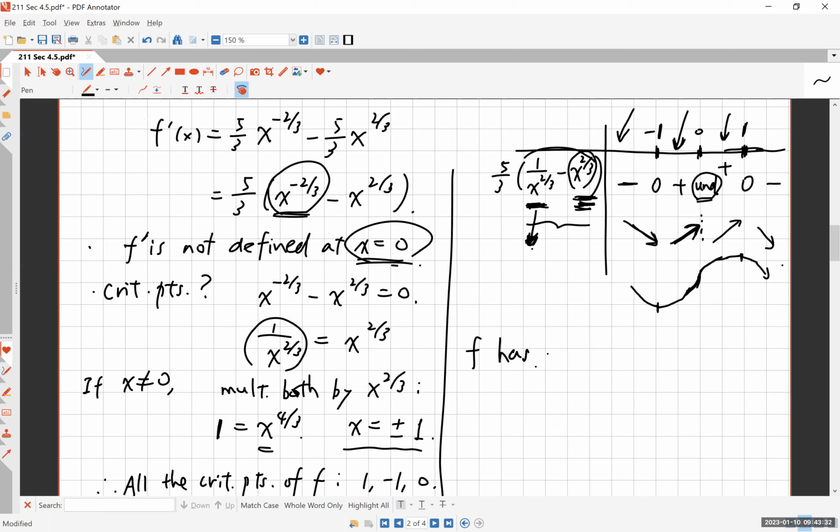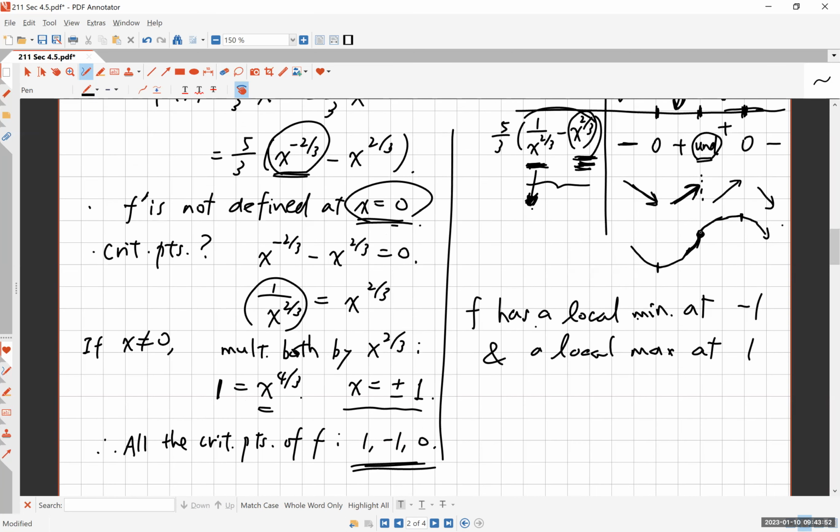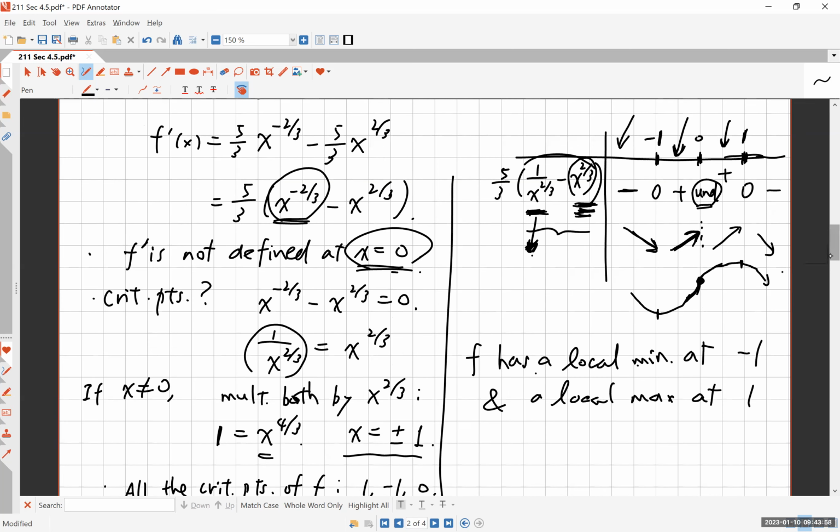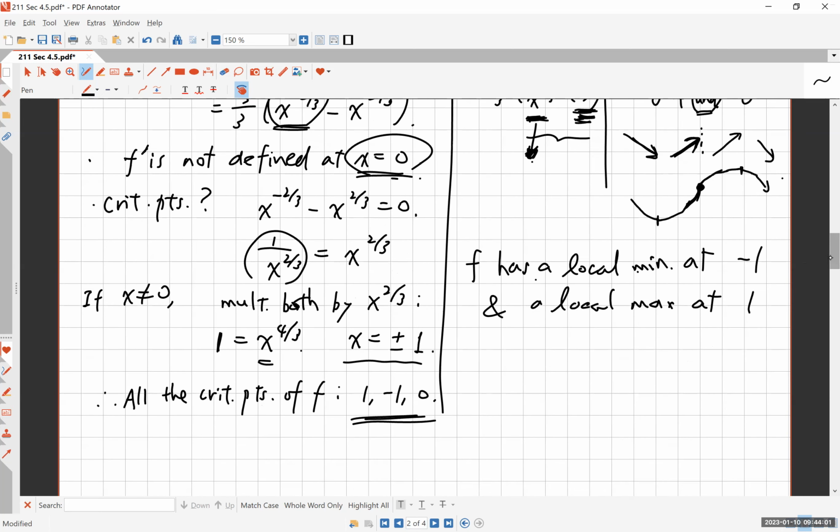So f has a local minimum at -1 and a local maximum at +1. And what's happening at 0 is neither a maximum nor a minimum, because this is where the derivative becomes infinitely big, meaning that you have a vertical tangent. That's why the derivative does not exist, because it approaches infinity.